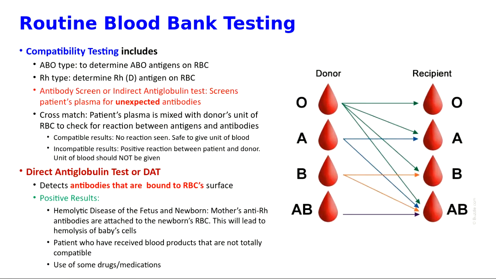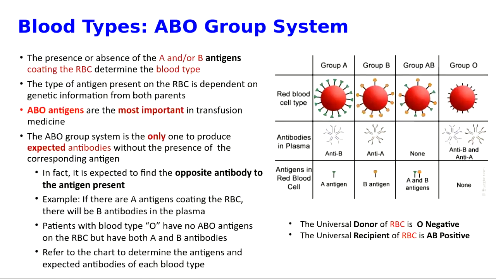And a patient that has A and B antigens on their red blood cells can only give blood to another AB patient. Remember, we want to prevent hemolytic transfusion reactions because that can lead to a lot of problems, even death. So we have to be very careful.